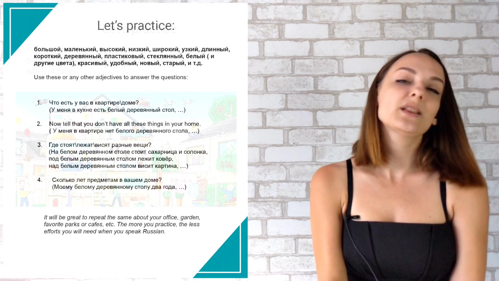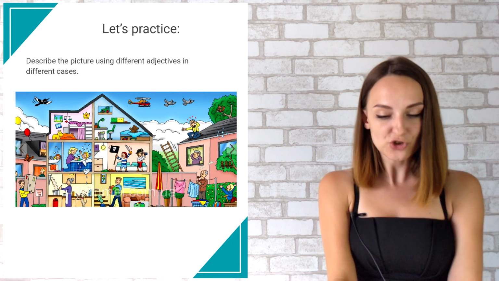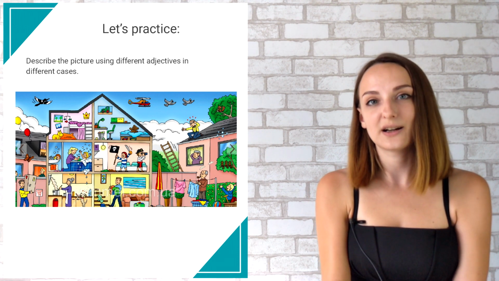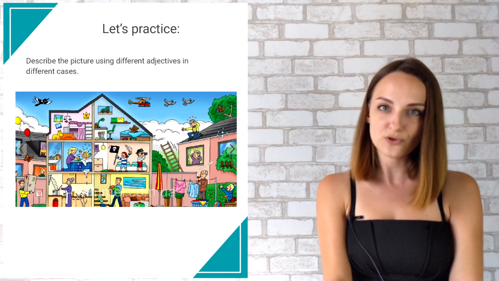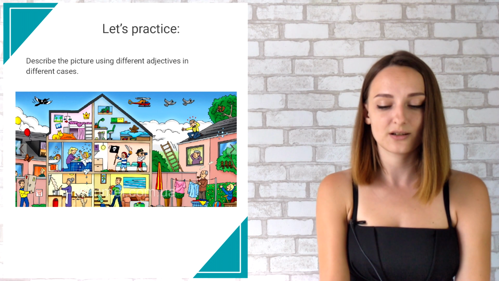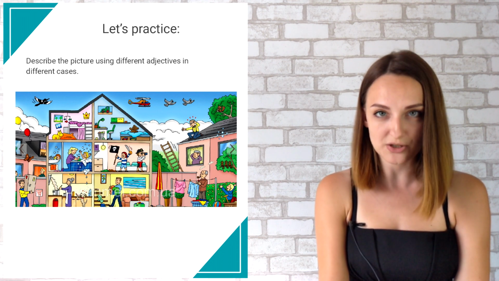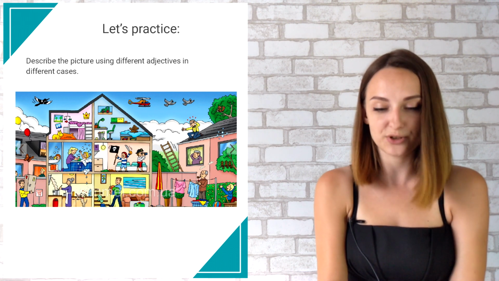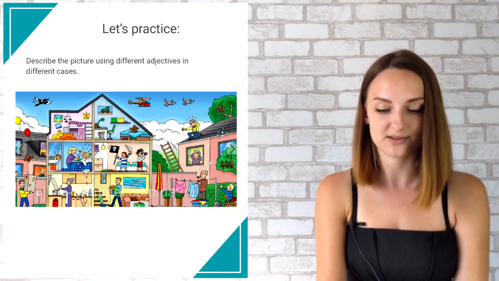And I will just explain the last task for today. You have a picture here and you need to describe it. And you can again do the same on your own. You can find different pictures, Wimmelbuchs on the internet and just describe them using adjectives. And of course, you will need to use them in different cases, да?